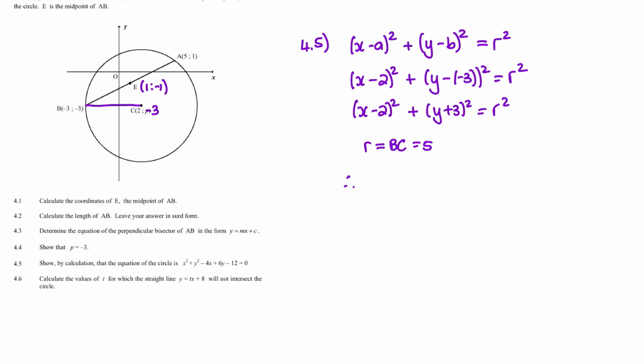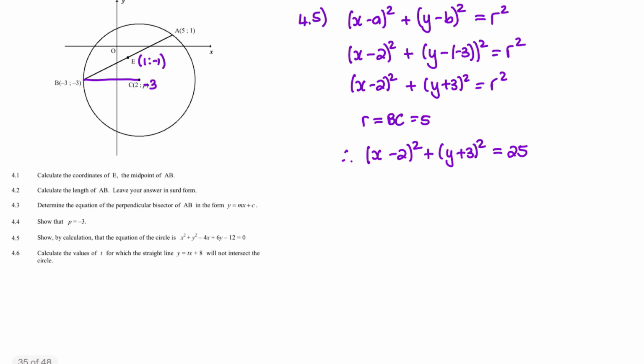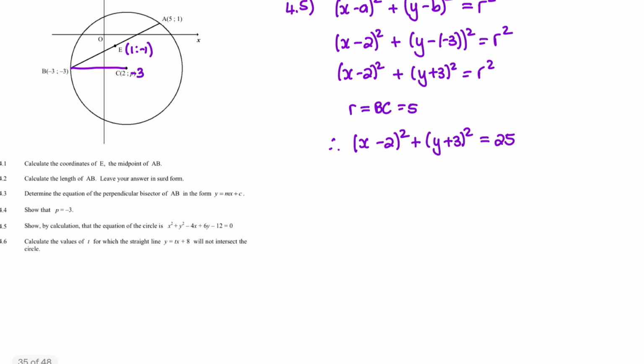So our equation of the circle is (x minus 2) squared plus (y plus 3) squared is equal to 5 squared, which is 25. Now you just need to expand the brackets, and that becomes x squared minus 4x plus 4 plus y squared plus 6y plus 9 minus 25 is equal to 0.